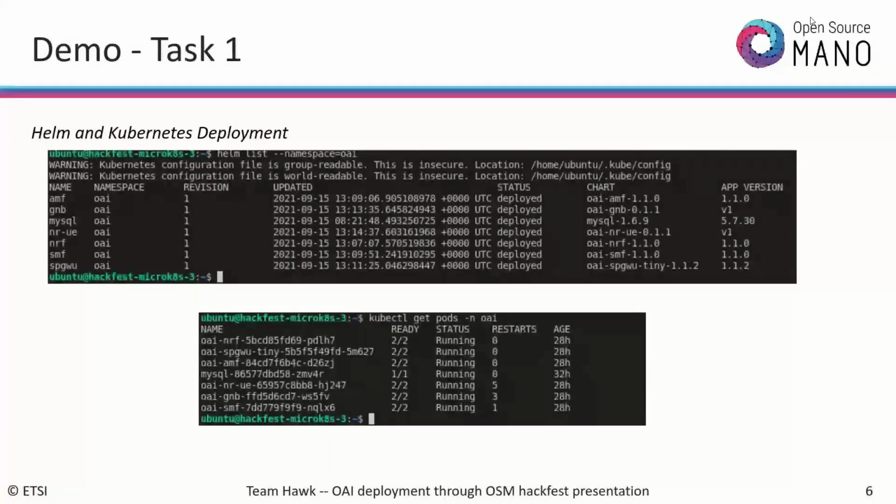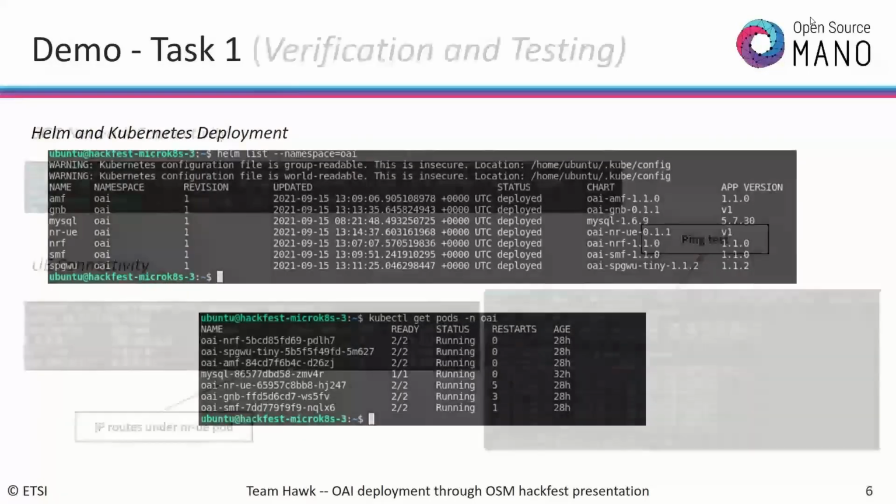Hi, can you hear me? Yes. Okay, so task 1 was basically the deployment of core network elements using the OAI 5G core. We were able to successfully deploy the core network elements, and as you can see from the deployed pods, they are working, and we have been able to deploy and redeploy them multiple times without any issue, except there were some issues which I will describe later on.